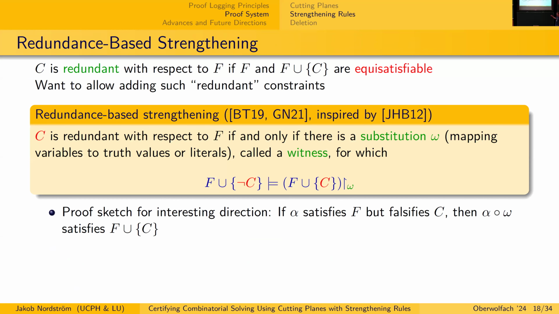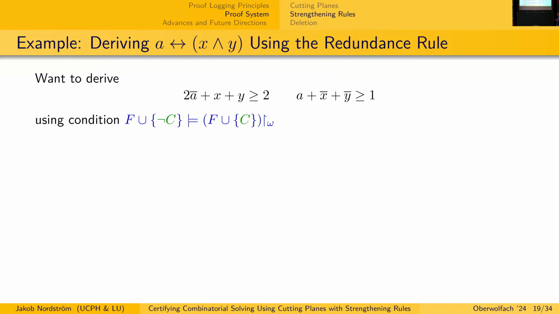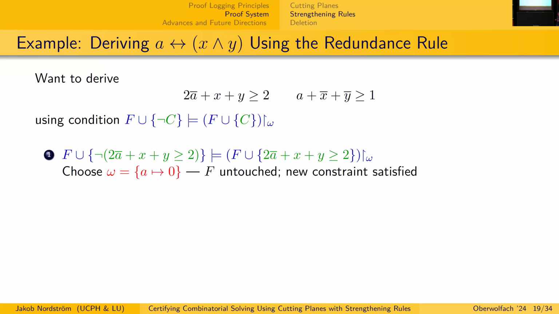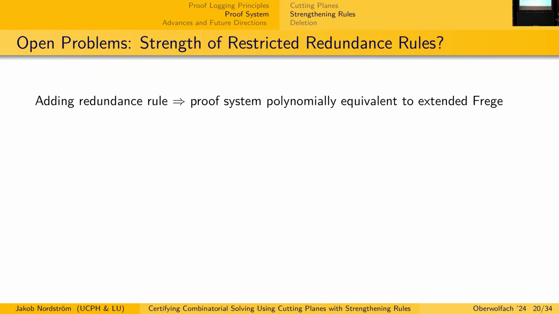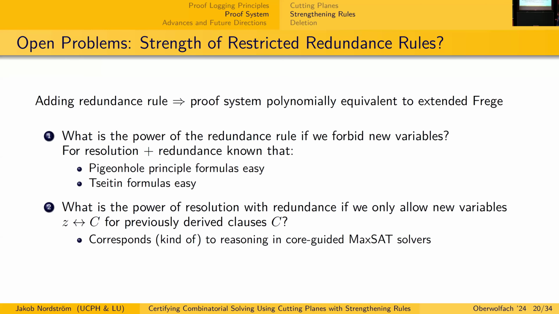This rule makes perfect sense even if you cannot introduce new variables. So what is the strength of the redundance rule if I have to stay within the variable domain of the formula? What we do know is, for instance, the pigeonhole principle and all Sating formulas are easy. So resolution with redundance can do them. Can we somehow develop techniques to prove lower bounds?